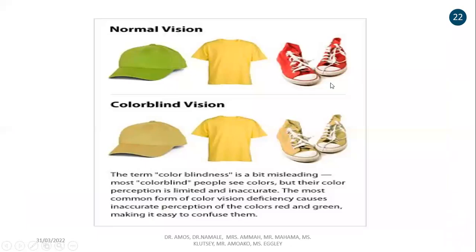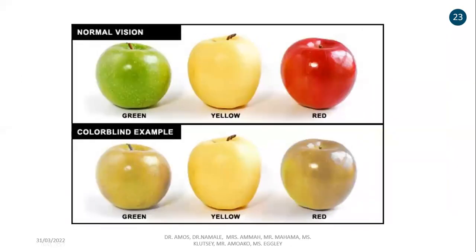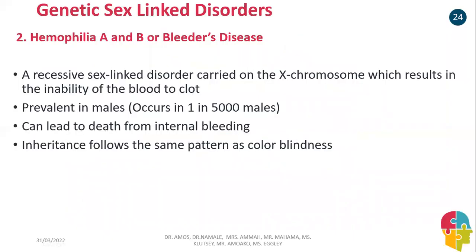This is normal vision, another picture, and people with color blindness. As you can see, the green and the red may look like orange to these people. So when you ask them to differentiate the green from the red, they might not be able to do so. The same applies to these apples.